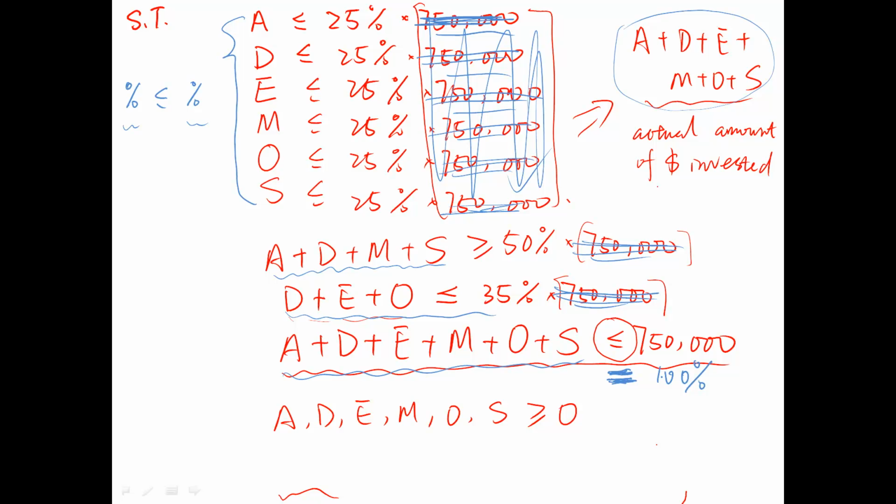We're investing 100% of our $750,000. Then we don't need this part. We just leave all those percentages on the right-hand side. The only change will be the total amount should be equal to 100%. And we still need to make sure that those percentages are greater than or equal to 0. We don't invest less than 0% of the money.